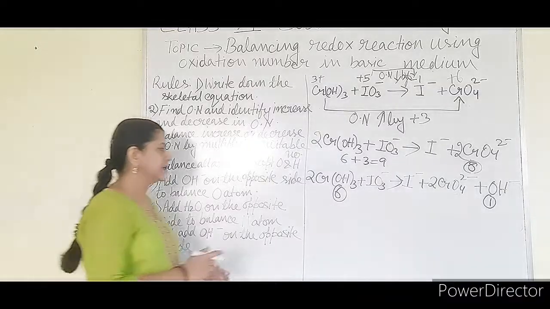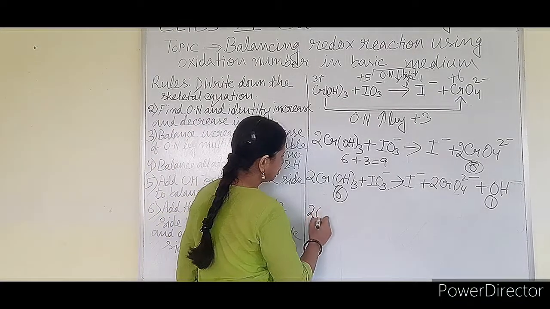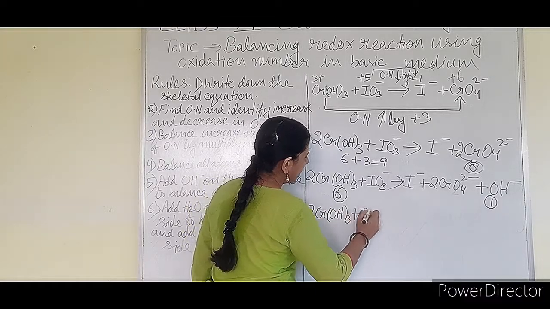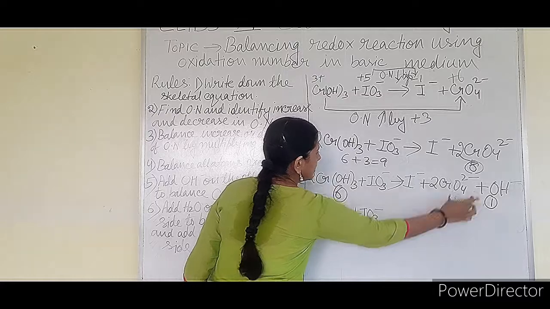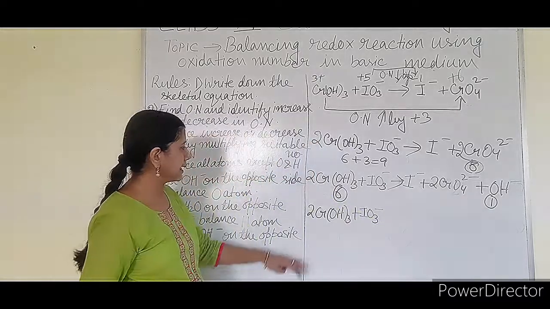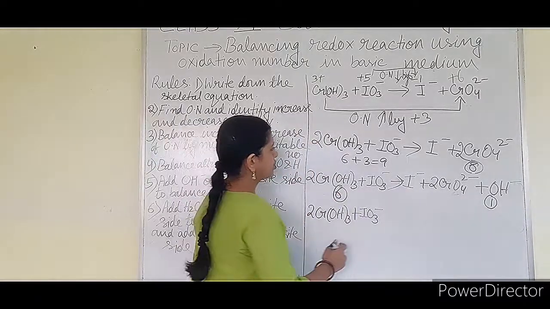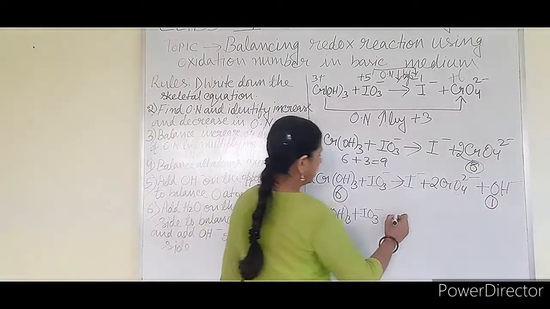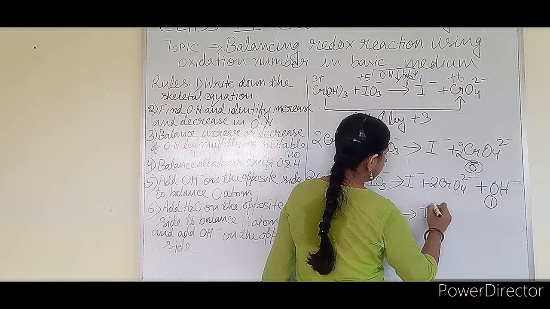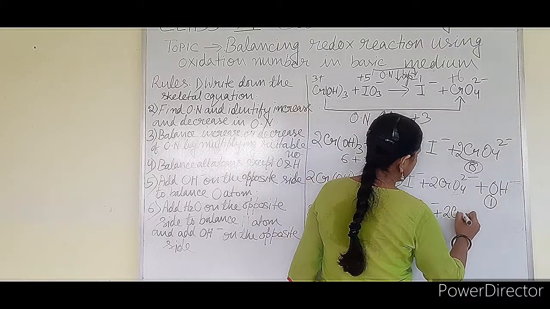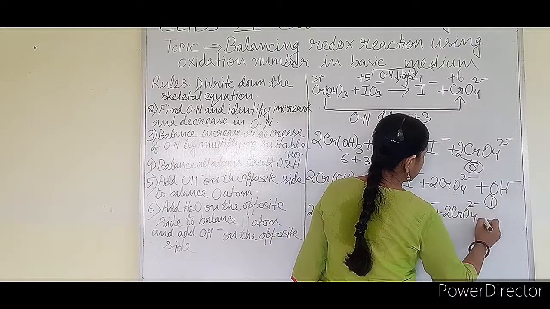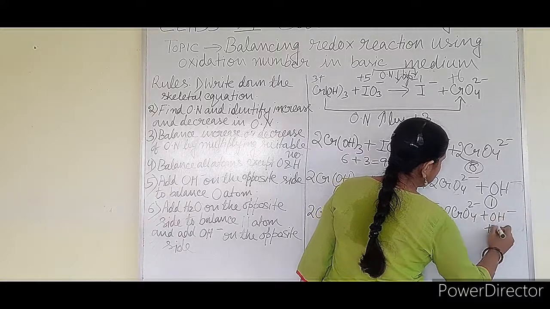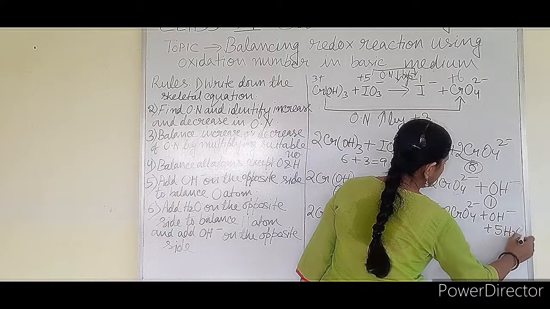So let me write 2 Cr(OH)3 plus IO3 negative gives me I negative plus 2 CrO4 2 negative plus OH negative plus 5 H2O.